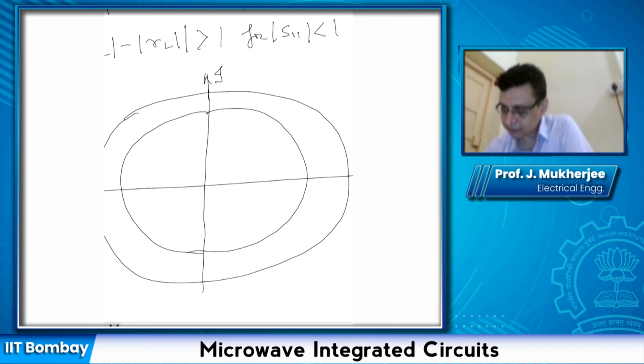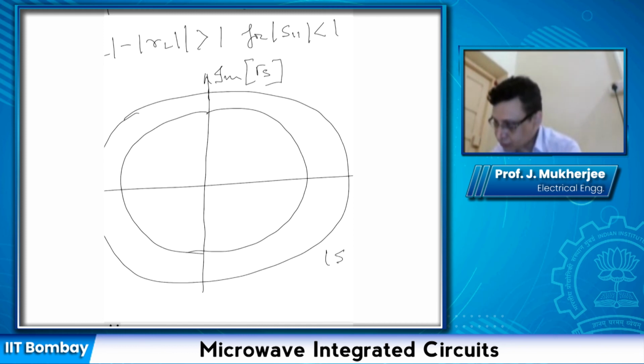Suppose this is the imaginary gamma S. Now here also, suppose S22 magnitude is lesser than 1, and so here also, this is my input stability circle, this is my unit circle in the Smith chart.